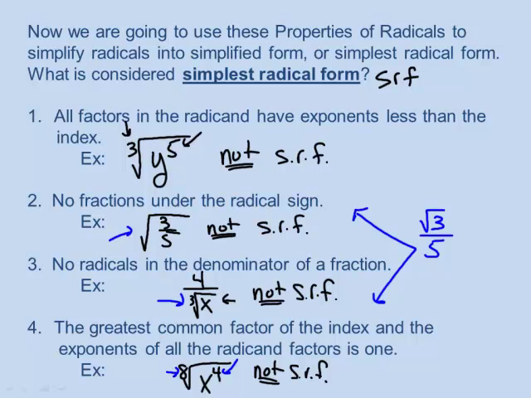What about if you have an answer that has a radical in the numerator only? Is that okay? And the answer is yes, it is. This is simplest radical form for this example. There's nothing more you can do or should do. So a radical in the numerator by itself is fine. You just can't have a radical over an entire fraction or a radical in your denominator for a final answer.